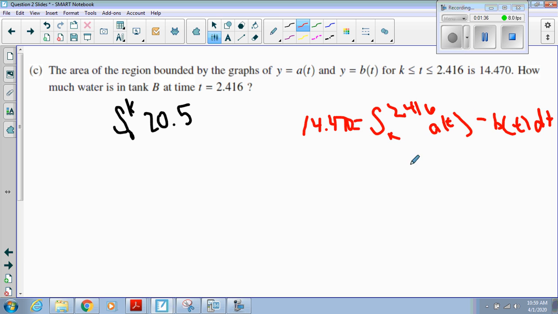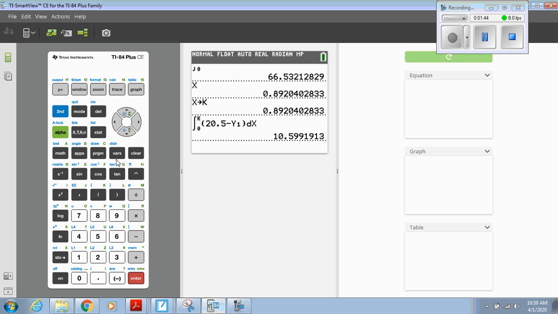So we can find what the integral of A(t) is and then solve for what B(t) ends up being. So I'm going to go to my calculator and type the Math 9.